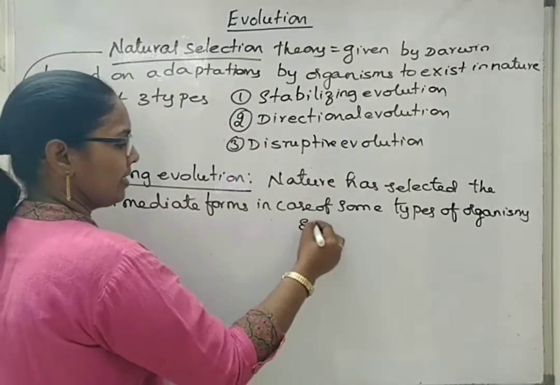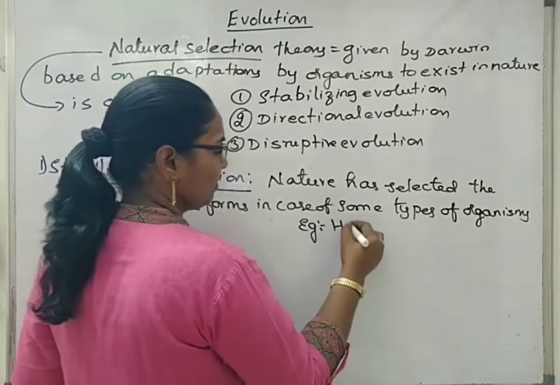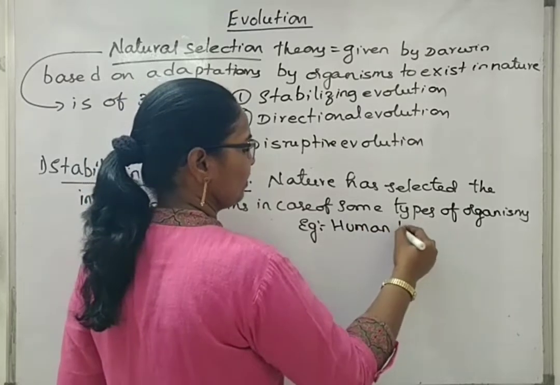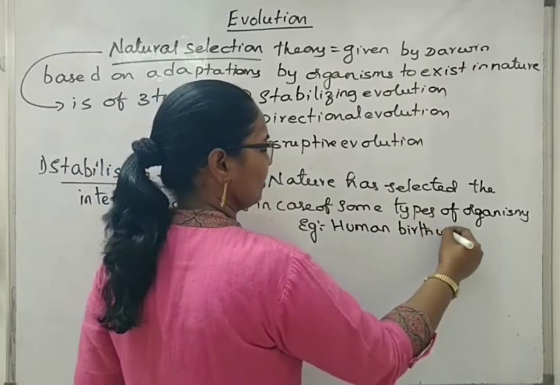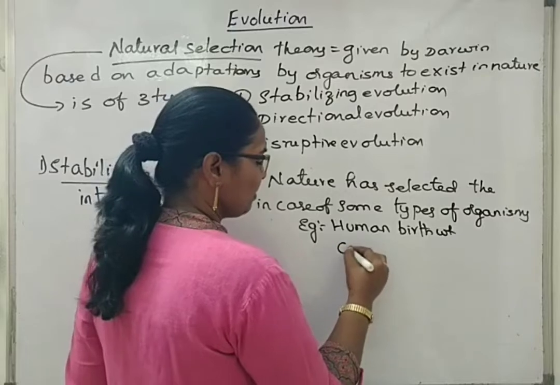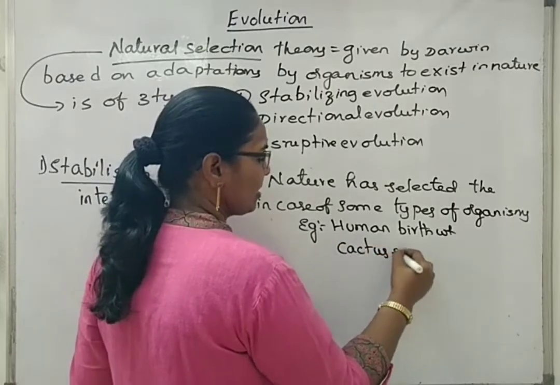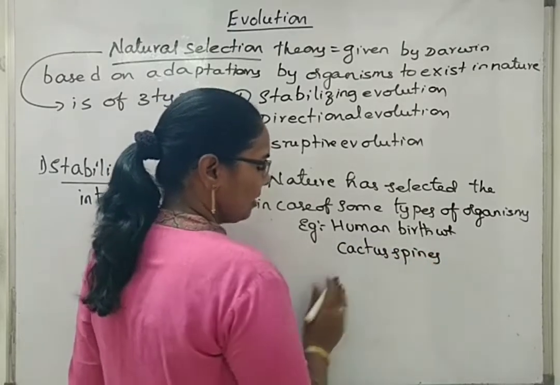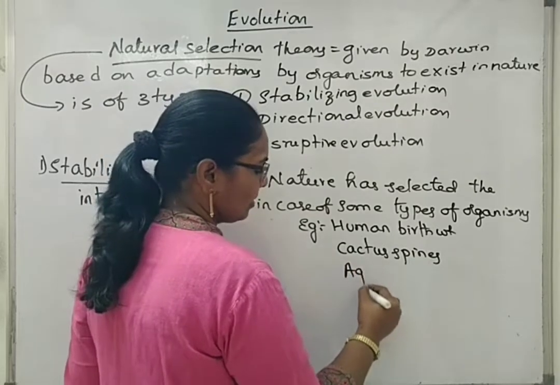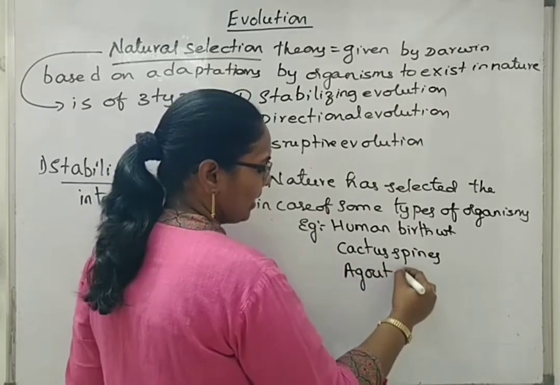Here we can take examples like human birth weight. Second example, cactus spines. Third example, agouti mice.